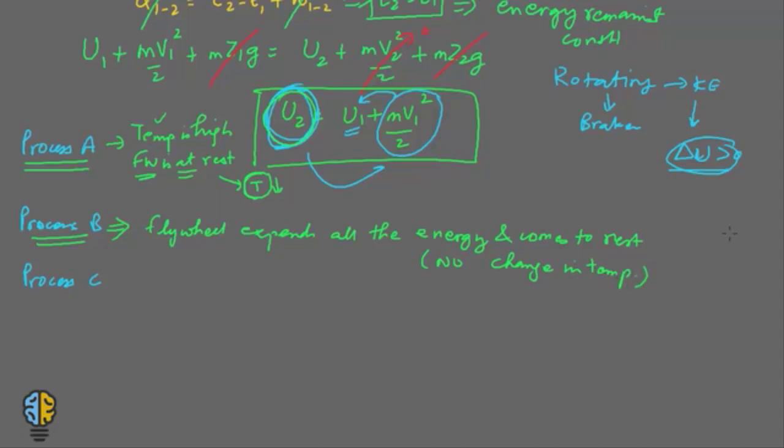So what happened is, in process A, the flywheel was at rest. It starts to move by something which started using its internal energy, and the temperature started to drop. In process B, it was brought to rest by doing some redundant work, and it brought no change in the temperature.